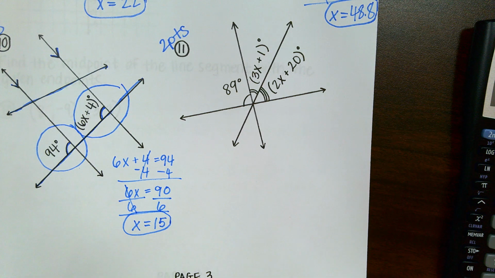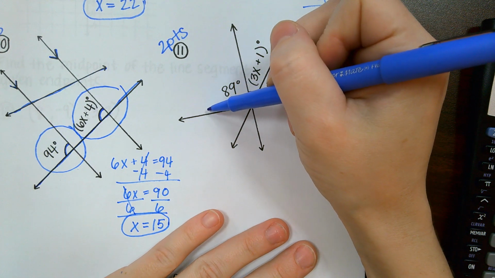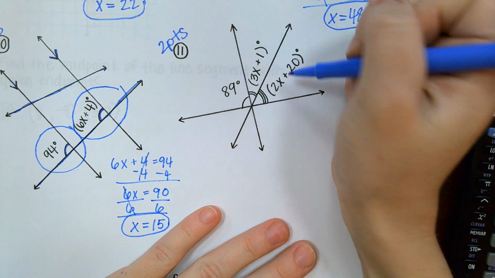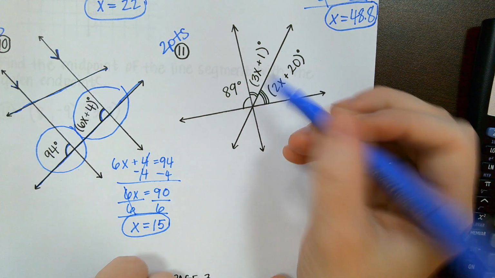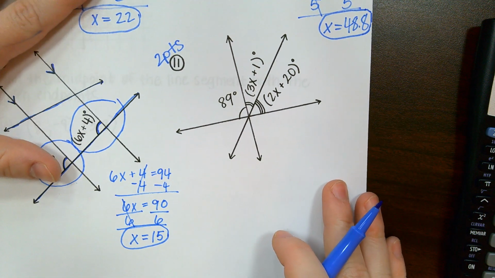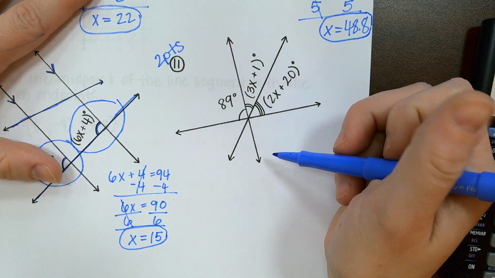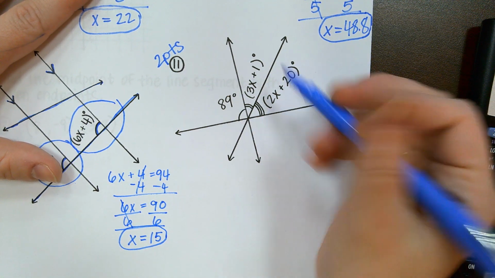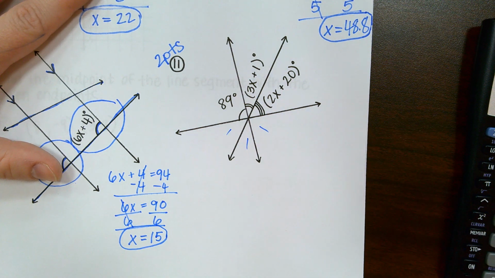Now let's look at number 11. So number 11, we have got 1, 2, 3, 4, 5, 6 angles, and they are all sharing a point. So I could think to myself, well, all these angles around a point are going to add up to 360 degrees. However, I don't know this angle, or this angle.